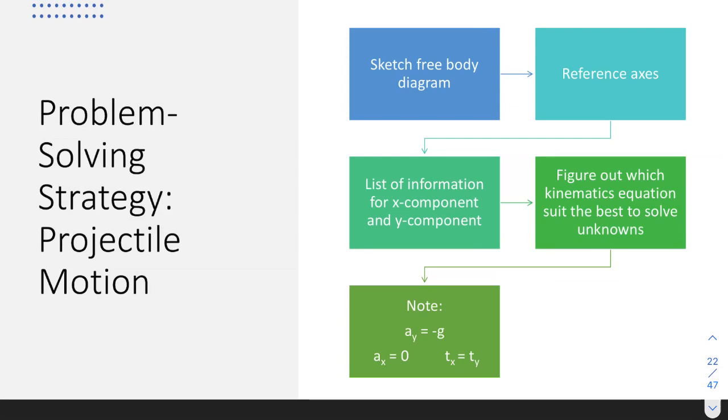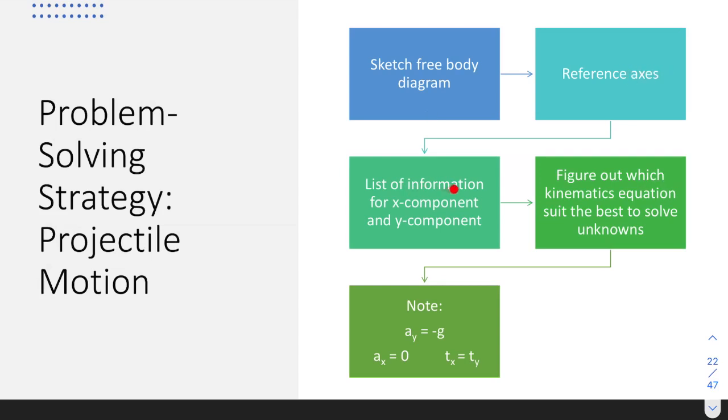Okay, so this is my advice for the problem solving strategy of projectile motion. You need to have a sketch firstly, the free body diagram of your object and the path taken. Sketch as well the initial velocity X component and Y component. You may put your assumption Ax equivalent to 0, Ay equivalent to negative g from the beginning, and also the reference axis.